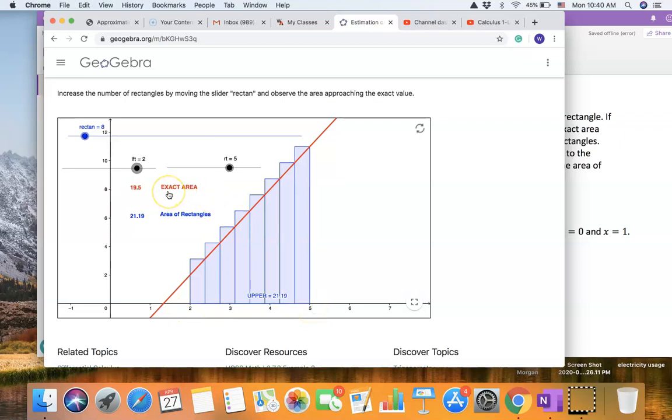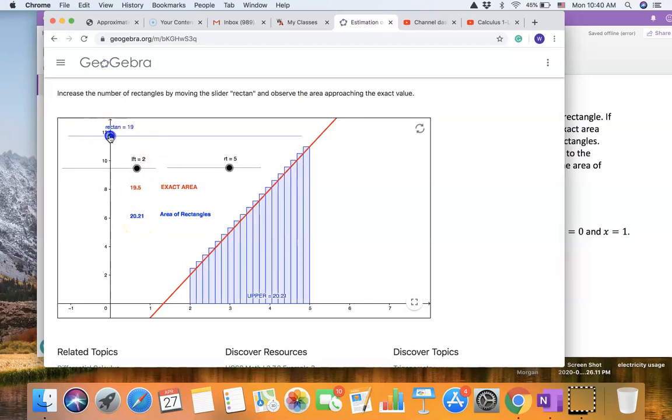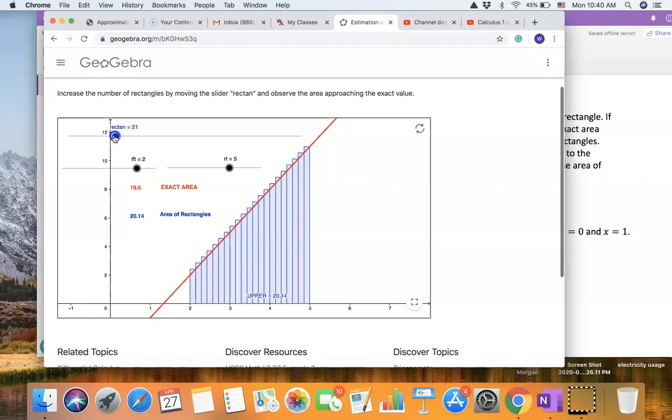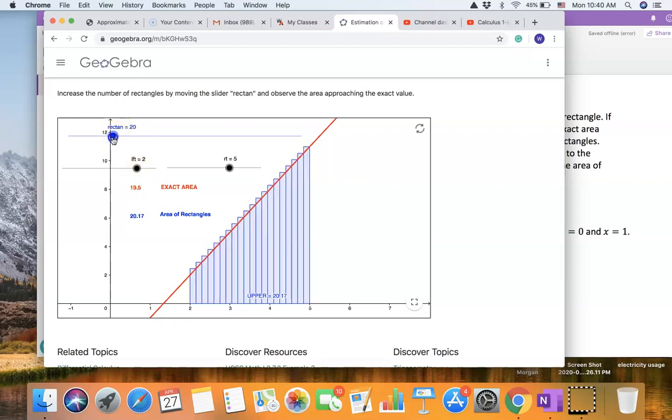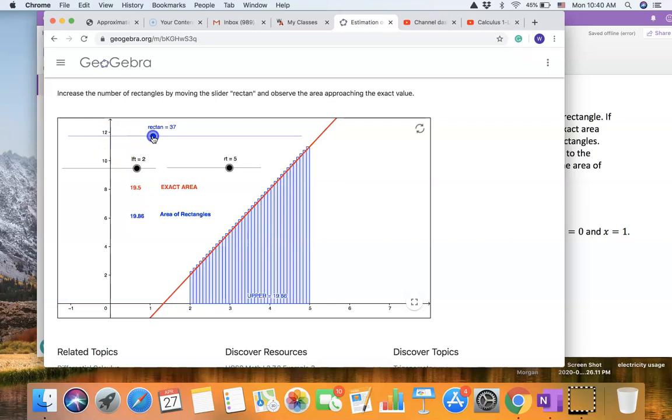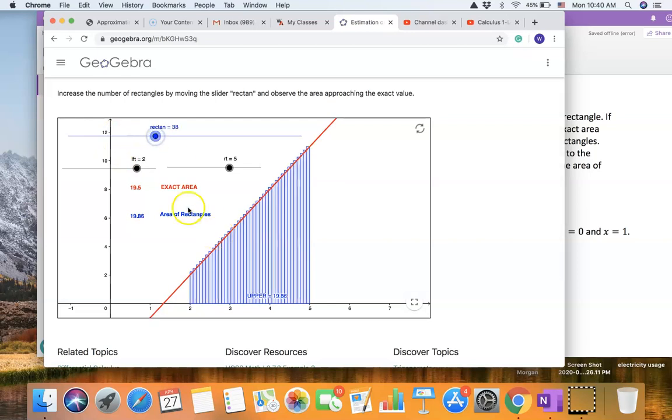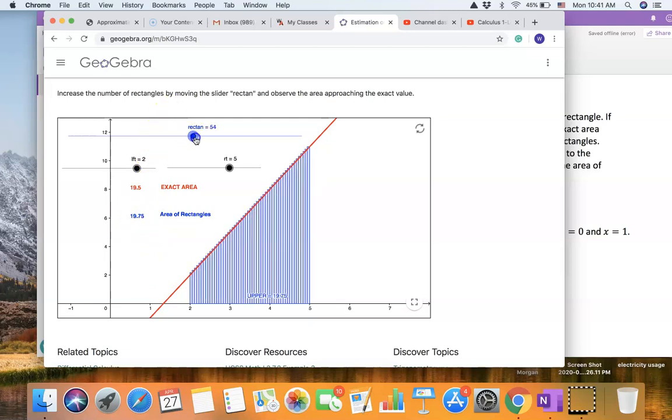The exact area of this region is 19.5, and if we use 8 rectangles, the approximation is 21.2. Now if we increase the number of rectangles to 20, the result will be 20.17, which is close to the actual result, right? And the more rectangles I'm using, you can see the result will be better and better.